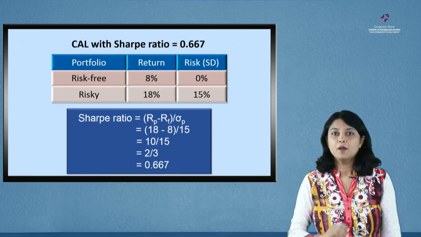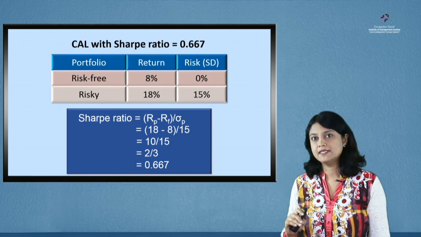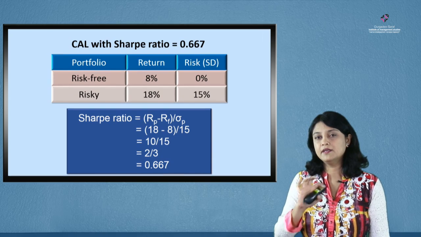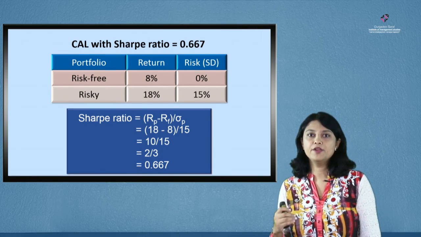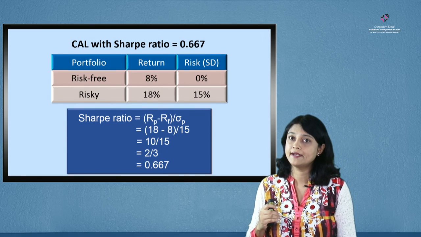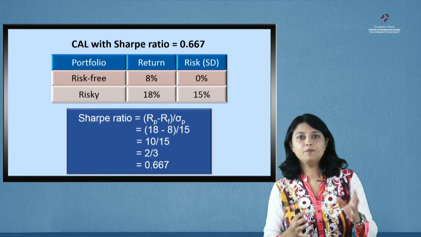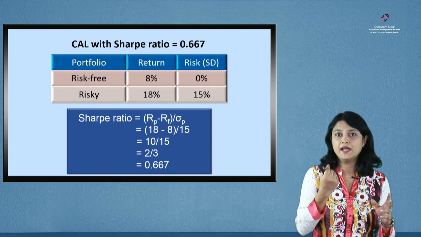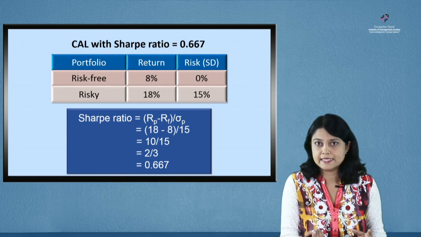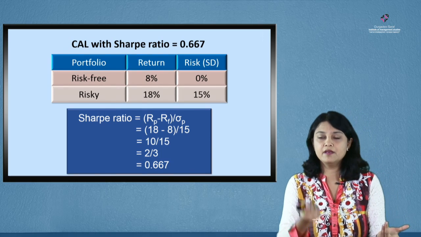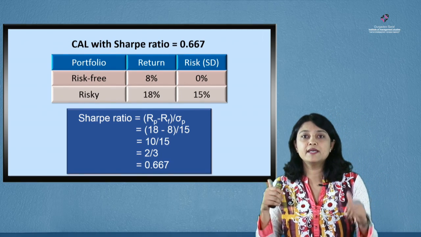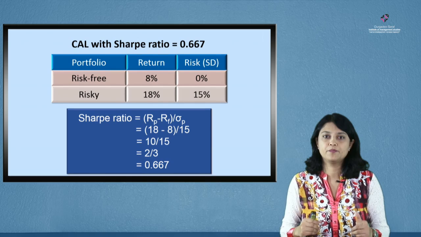RP minus RF is the excess return, the return which is given for risk, divided by risk. So per unit of risk, how much return can I get? I bear the brunt of risk, so what am I getting? I am getting RP minus RF by bearing this additional risk which is not there in RF, the risk-free portfolio.